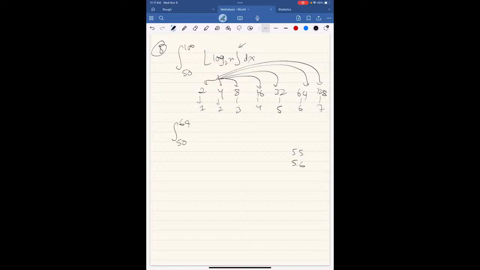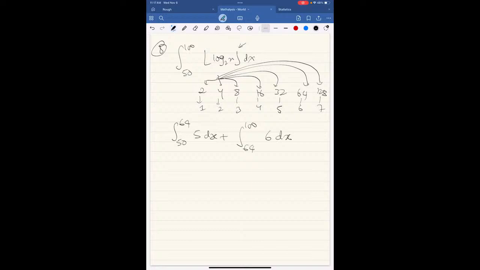If I take g of that, it will again be 5. So between 50 and 64 we just get 5. Between 64 and 100 we get 6, because if the number is greater than 64 and less than 128, the log is between 6 and 7, and if you take g of that, we get 6.